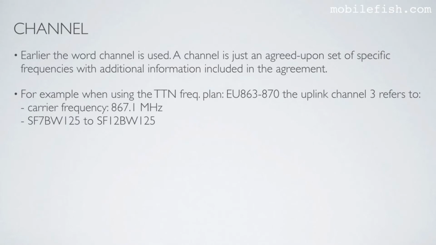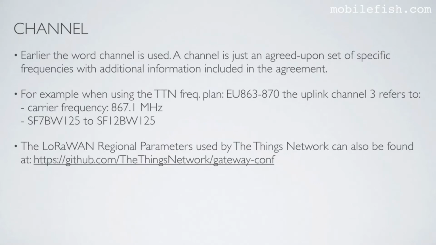For example, when using the Things Network frequency plan AU 863 to 870, the uplink channel 3 refers to carrier frequency 867.1 MHz and spreading factor 7 to 12, and all using the 125 kHz bandwidth. The LoRaWAN regional parameters used by the Things Network can also be found at this GitHub page.